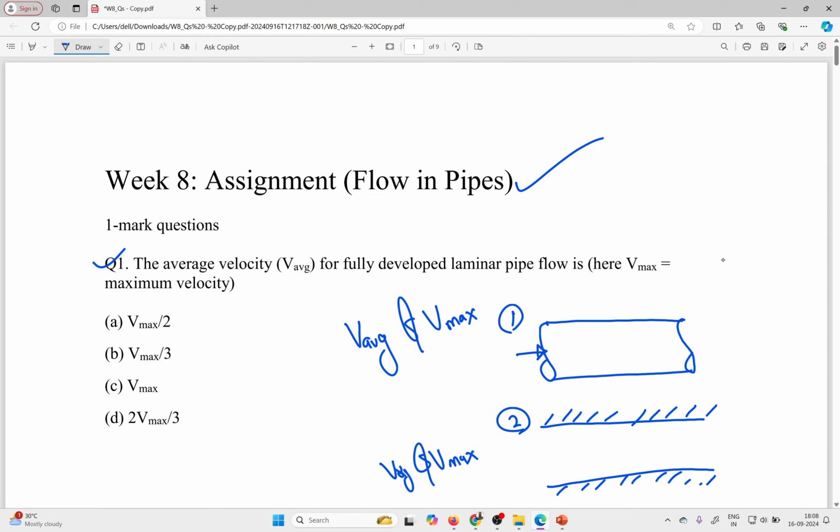For the first, you can choose option A, B, C, D, and for the second you need to give your answer in the chat box.